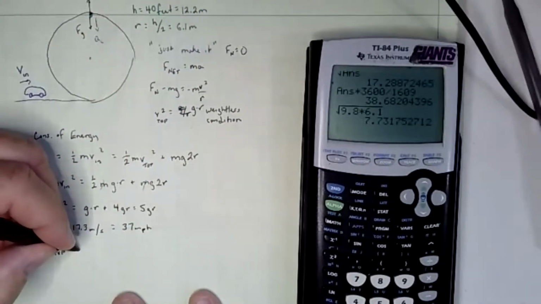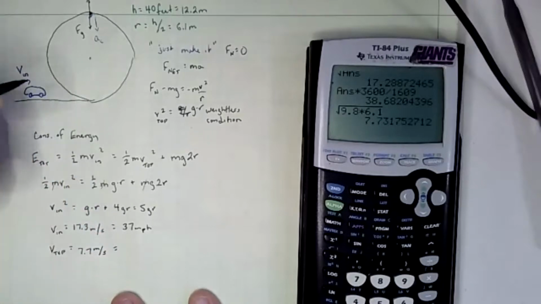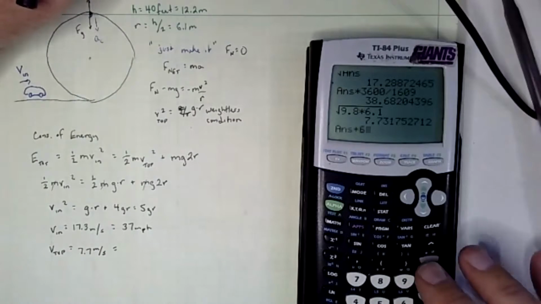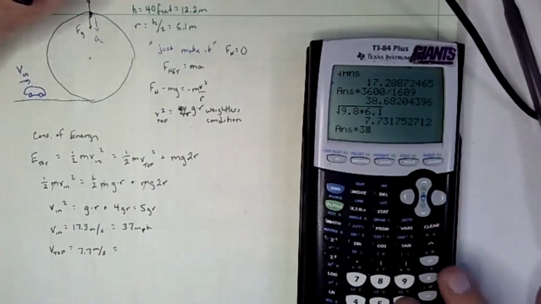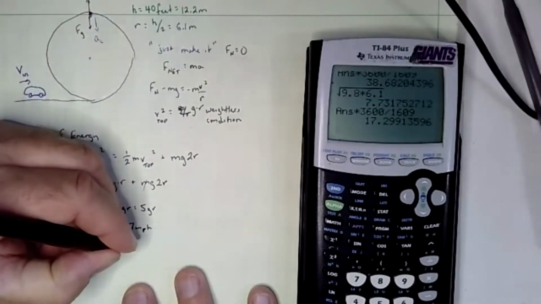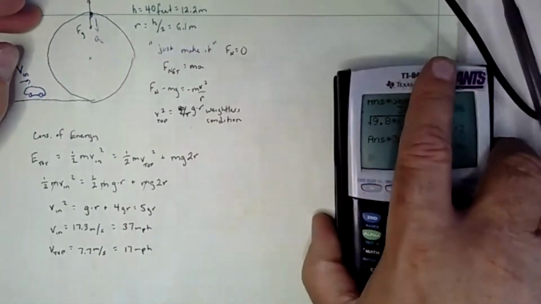That's just 7.7 meters per second, which translates to 17 miles an hour.